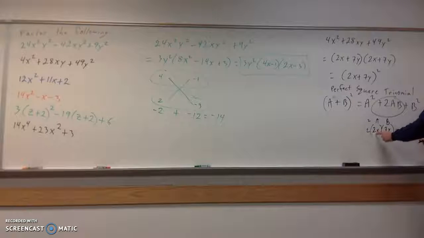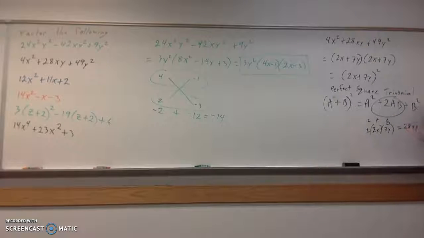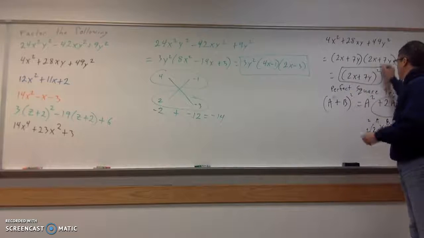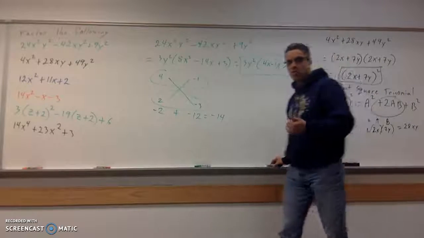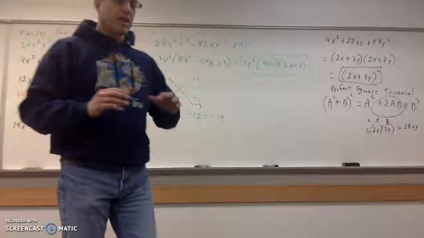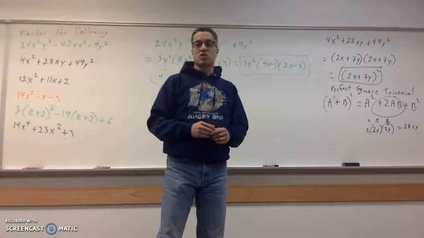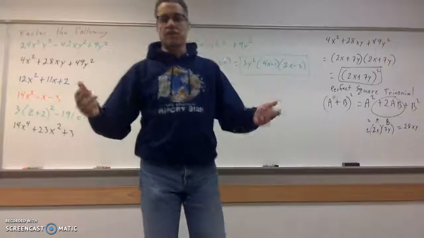So 2 times 7 is 28. Put the xy there. That's 28. Okay, so that's how you can check to make sure you've got it right, but that's it. So you can do these really, really quick if you're able to spot that you've got a perfect square trinomial. So before you just launch into this whole X thing, make sure that you have a perfect square trinomial first and see if that'll go a little faster for you, okay?